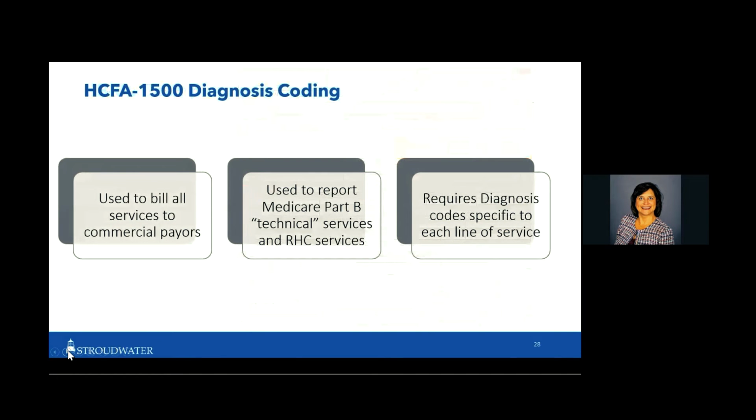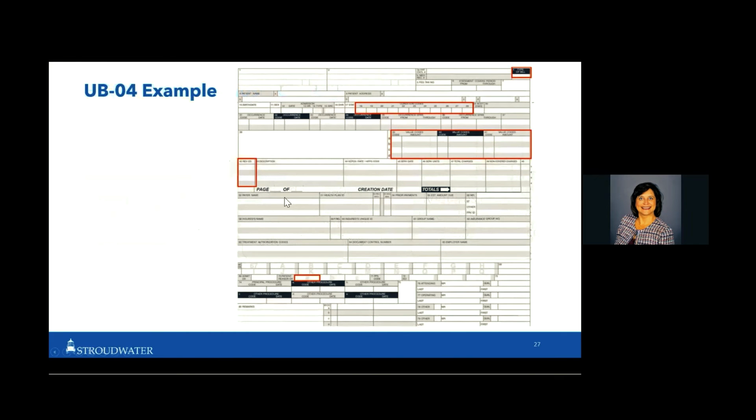For a 1500 form, which is used to bill all services to the commercial payer, you also report the Medicare Part B technical services and RHC services. And it requires diagnosis codes specific to each line of service. Whereas, thinking back to the UB, the information is just all listed together; it doesn't pull that out specifically.